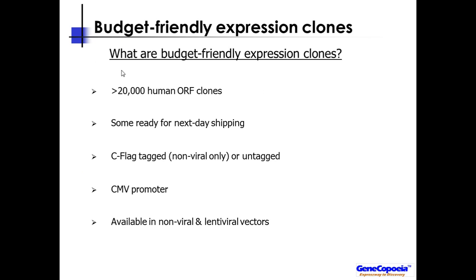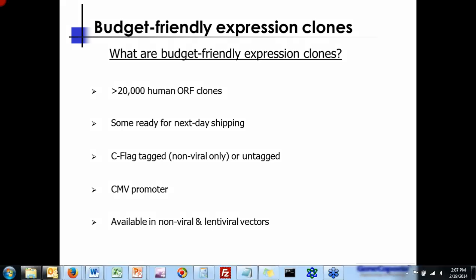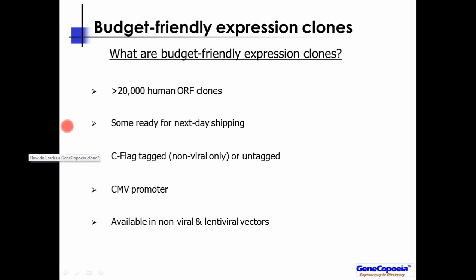All right, so I also mentioned the budget-friendly expression clones. So one question is, what are the budget-friendly expression clones? Well, budget-friendly expression clones are a set of more than 20,000 human ORF clones, many of which, though not all, are ready for next-day shipping.